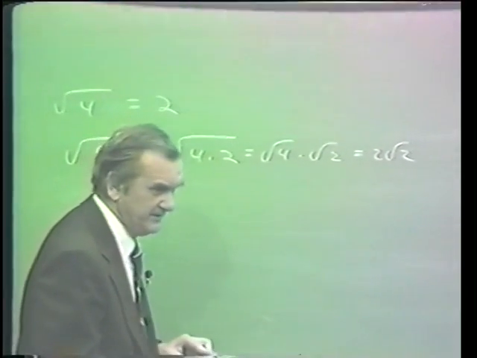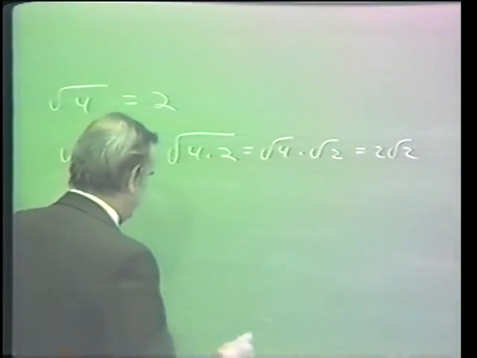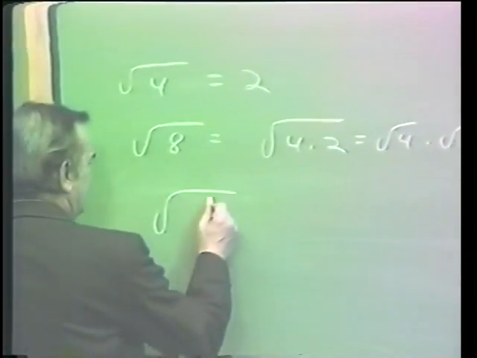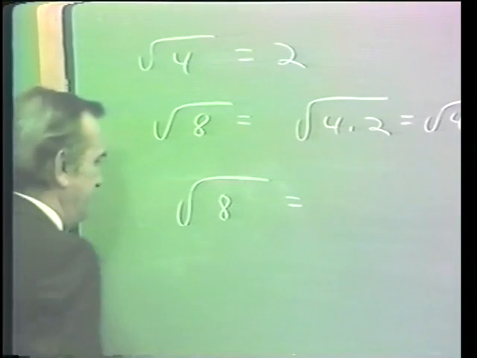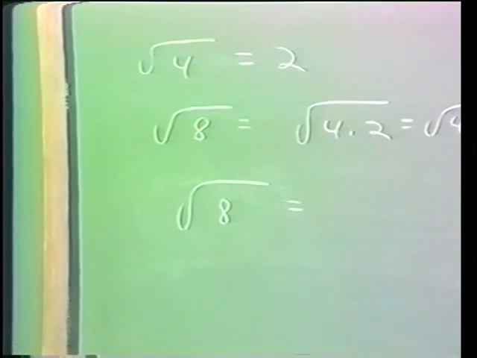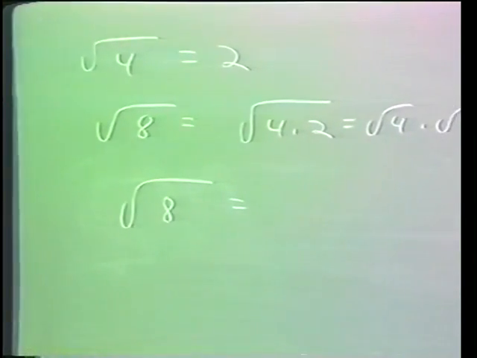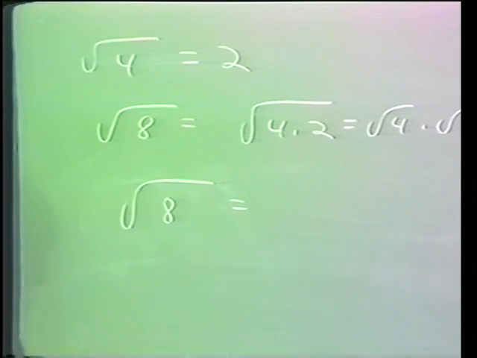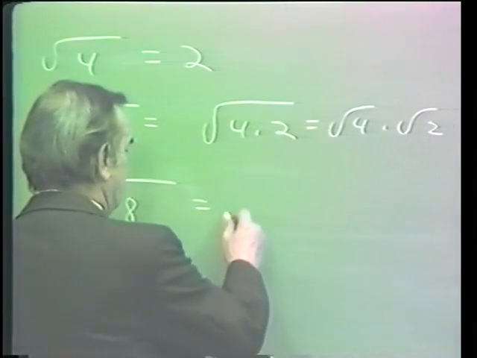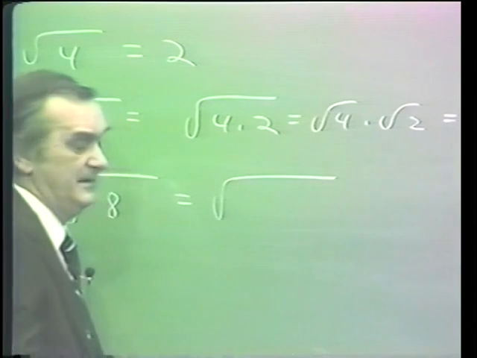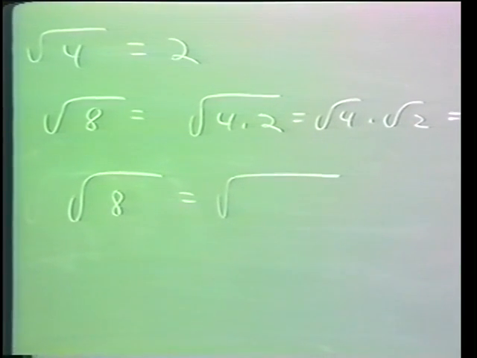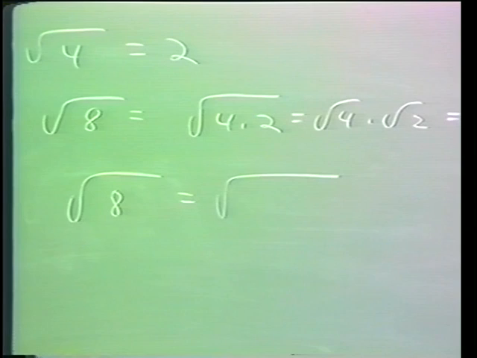Maybe not for this particular problem, but overall, let's take square root of 8 again. What we're going to do is break down the radicand into its prime factors. By prime factors, we mean factors that can't be broken down anymore. What would be the prime factors of 8?